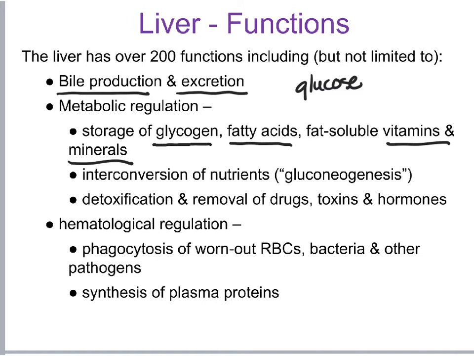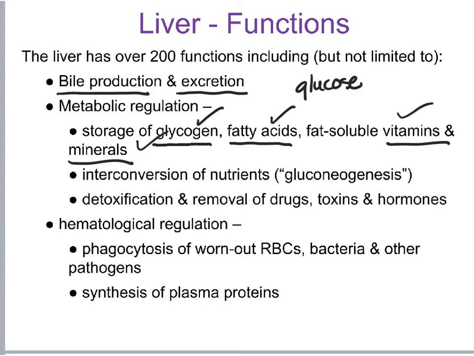So that blood makes a pit stop in the liver, which modifies that blood, ensures glucose is in the appropriate concentration, fatty acids are present in your blood, fat-soluble vitamins and minerals, everything that you need is in the appropriate concentrations prior to that blood going into general circulation.